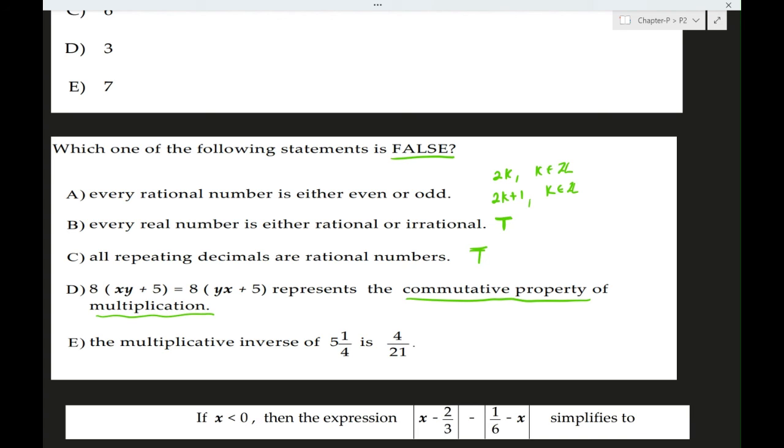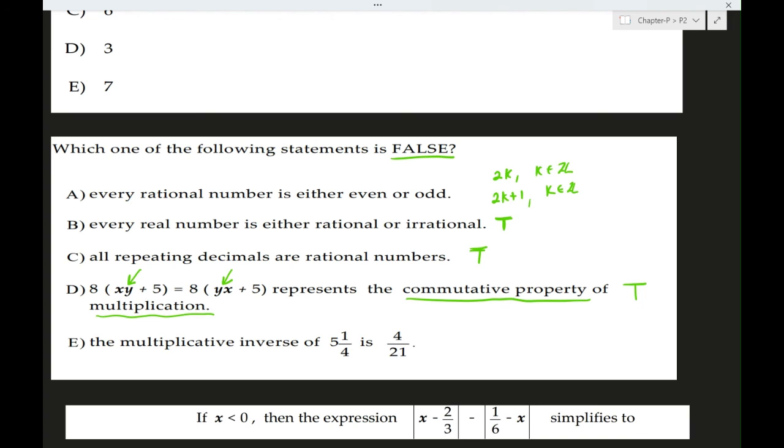Yes, it is true, because if you look at what is changing here, it's just xy becomes yx.